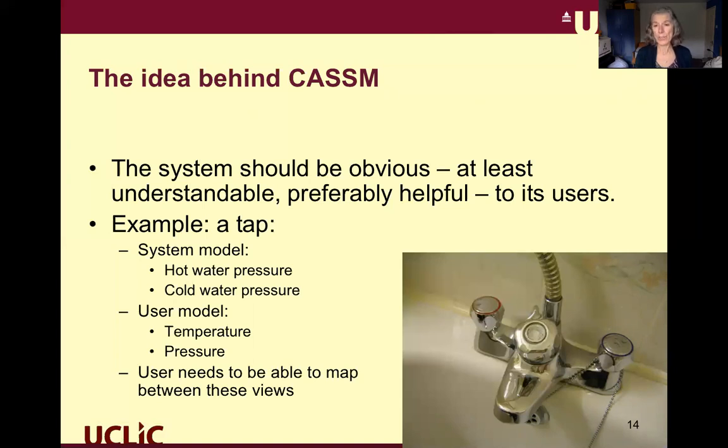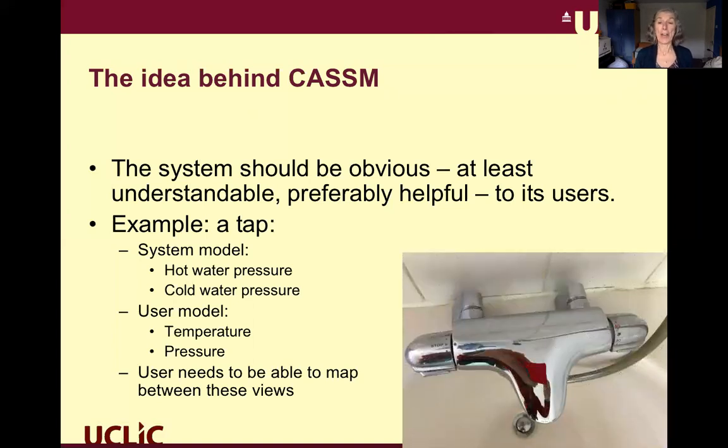And this tap in my house is quite old. We just haven't changed that particular bit of plumbing for a while. But we have 2 bathrooms, and in the other one, we have the other kind of tap that actually matches the user model much better. So on the left, where you can probably read the word stop, it can be turned one way to control the pressure of the water to the bath, and the other way it controls the pressure of the water going to the shower head.